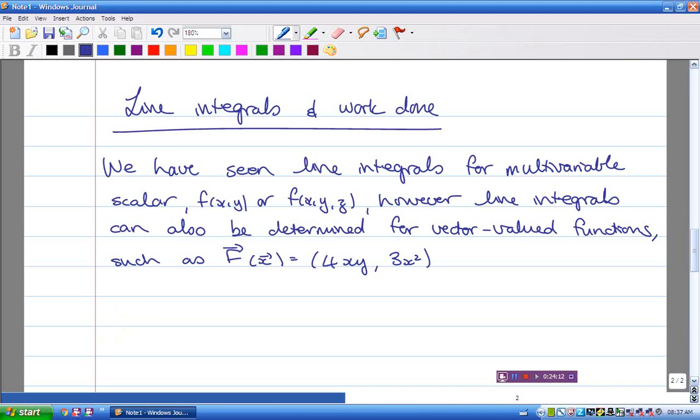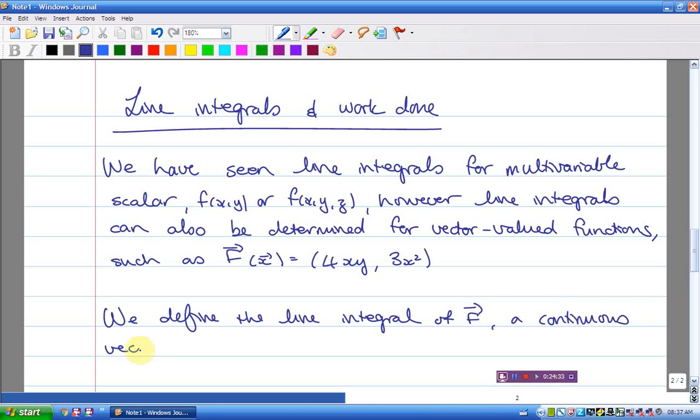We define the line integral of F, a continuous vector field, on a smooth curve C. So this is all the terms and conditions here.